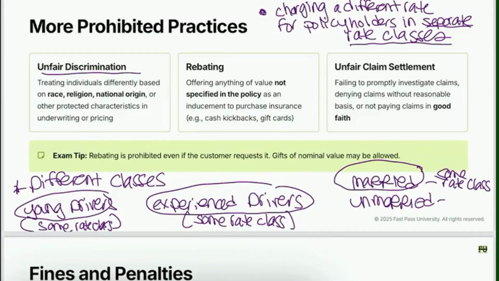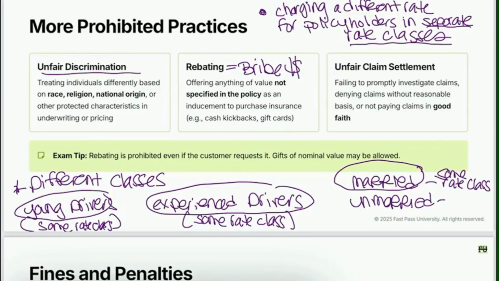Okay. All right. Rebating. Rebating basically equals bribe, and it has to be of monetary value. So offering anything of value not specified in the policy as an inducement to purchase insurance. Cash kickbacks, gift cards, first month's premium.